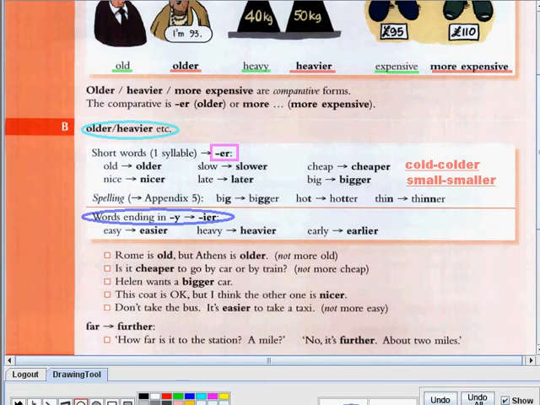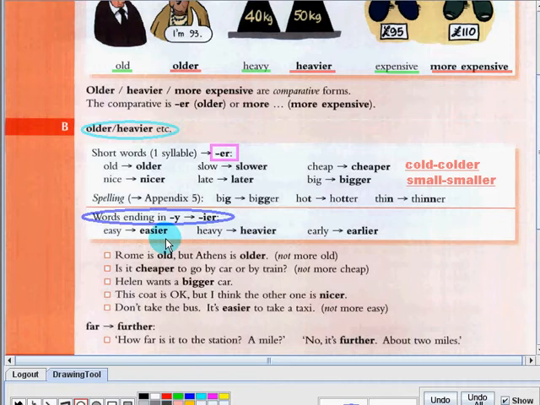Now we are done with two rules. Let's add another one. So, if there are adjectives ending in Y, we should change Y to I, then add ER, like in the examples easy, easier.